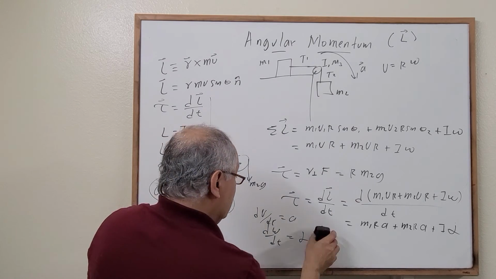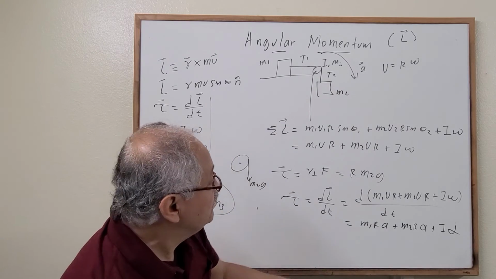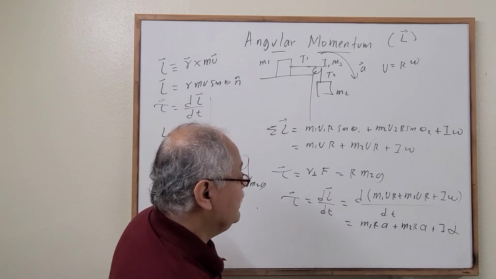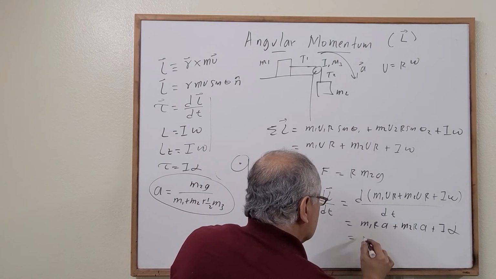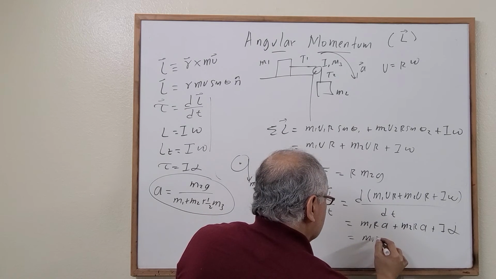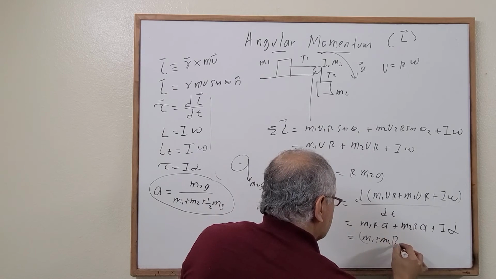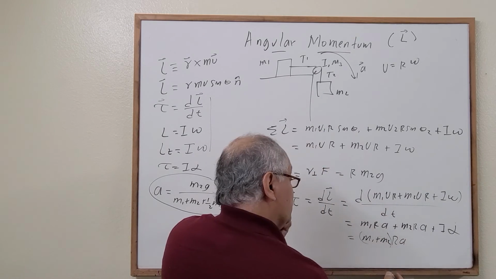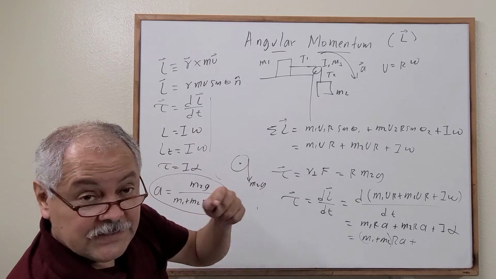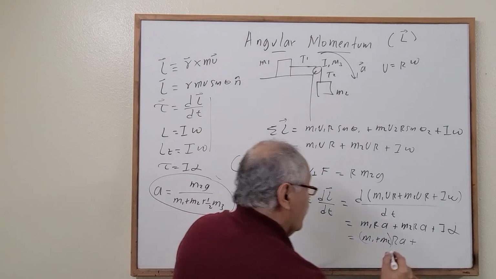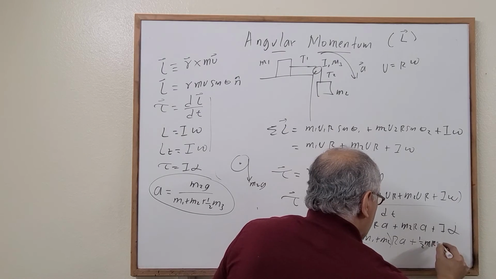So what do we have? This is equal to m1 plus m2 times r times acceleration plus, again, the moment of inertia for this disc or cylinder, 1/2 m r squared.